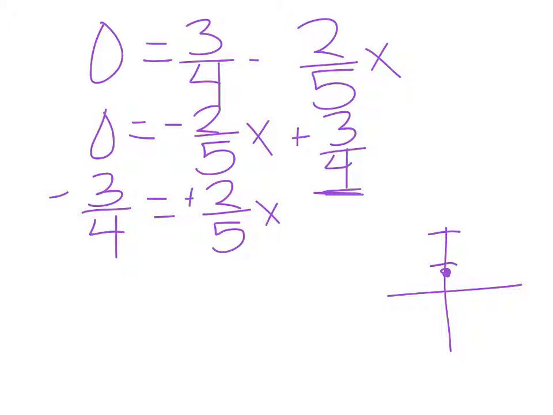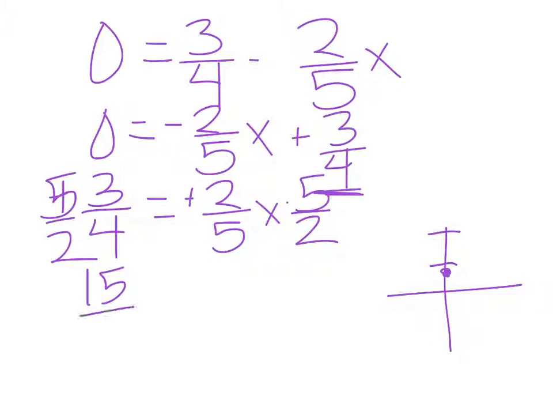Now, I have a negative on both sides, which makes everything positive. Now, if I multiply each side times the reciprocal, 5/2, I should end up with 15 over 8 equals x, or 1 7/8. That seems to work very well.